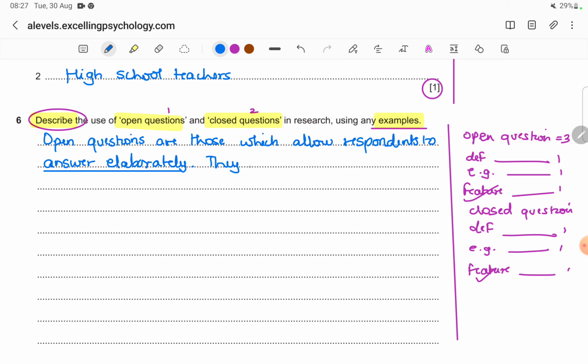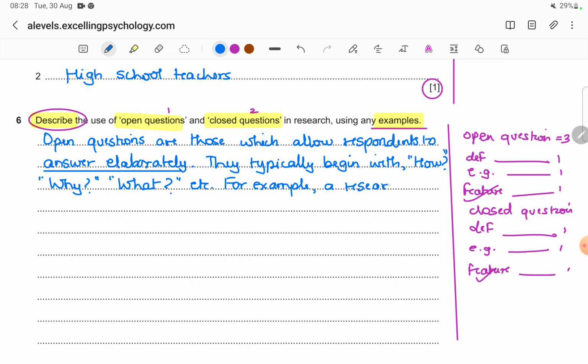They typically begin with how, why, what, etc. For example, I'll give a generic example right now.